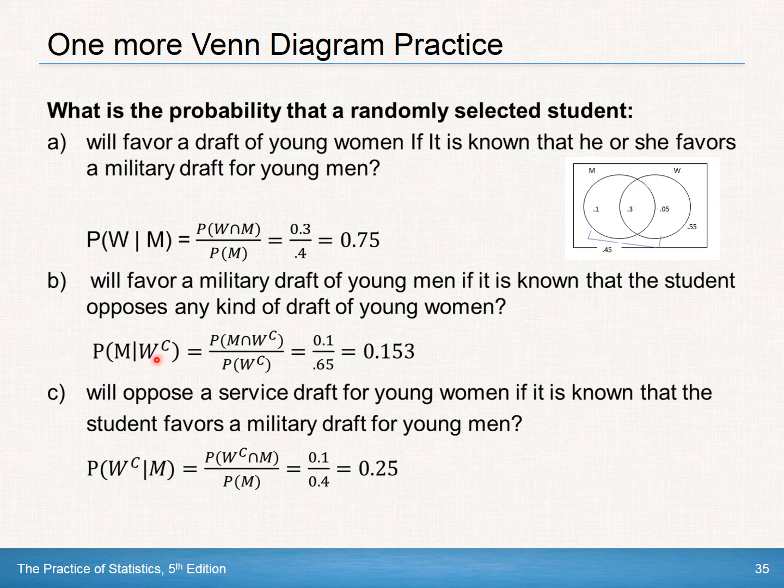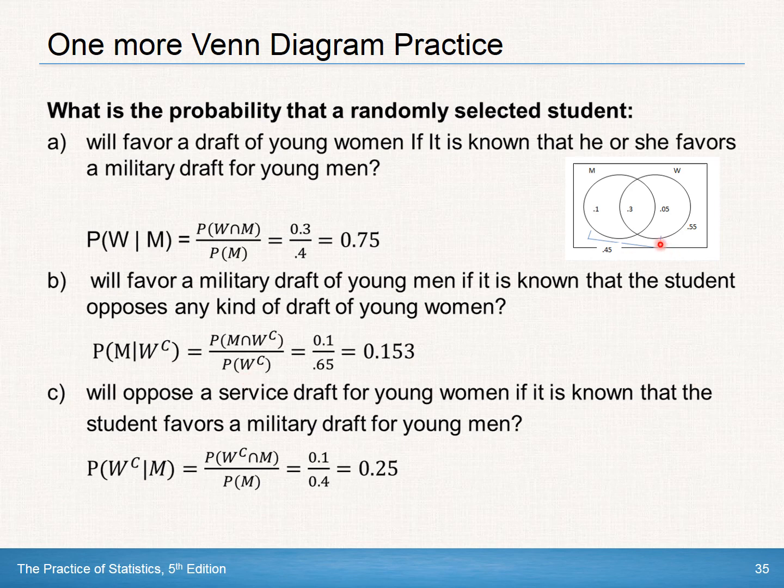So what does women complement mean? It means that they don't favor a draft for any of the women. So what does my conditional probability look like? The probability that you have men and not women, so I don't favor the draft for women, all over the probability that I don't favor the draft for women.